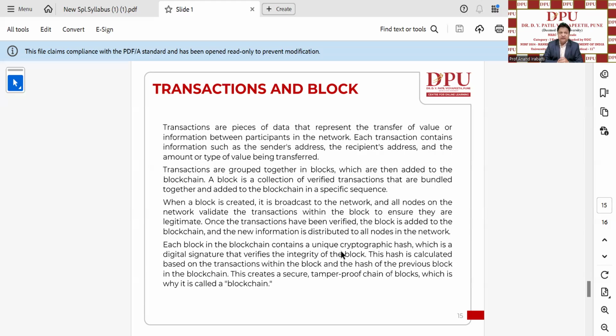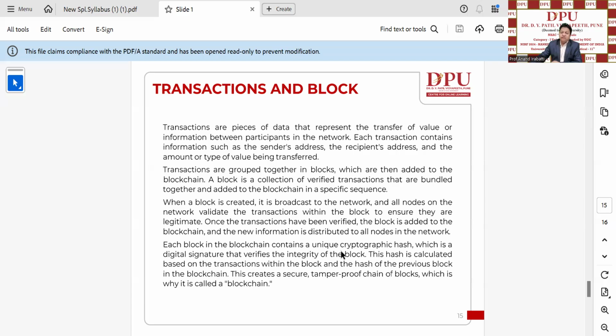So a block is a collection of transactions bundled together. That's it. Now let's understand the structure of a block, how a block is composed. What are the different parts of a block?